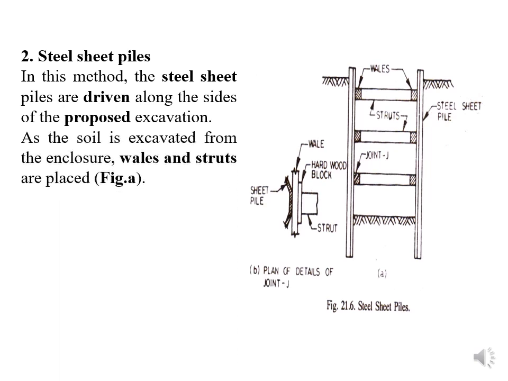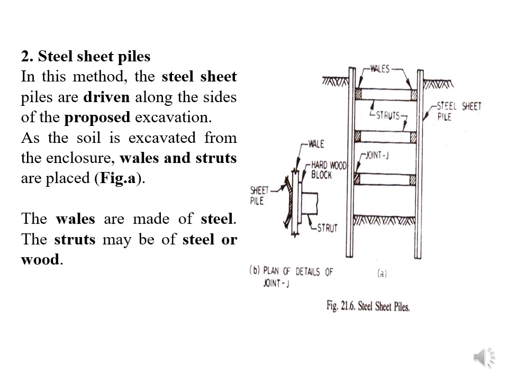As the soil is excavated from the enclosures, wells and struts are placed. As you will start excavating from the top, you have already driven your steel sheets along both the sides of the excavation part, right? And as you start the excavations, parallelly you have to start putting the wells and struts so that the soil will remain stable, right?